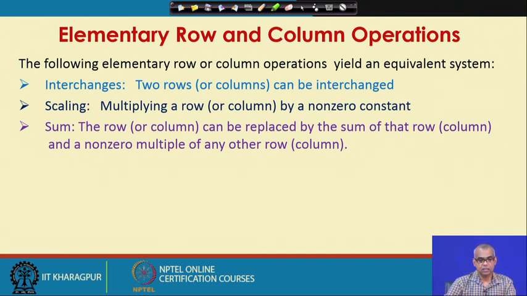They are interchanges, scaling and sum. First, 2 rows can be interchanged, 2 columns can also be interchanged. So, if 2 rows or 2 columns are interchanged, you get an equivalent matrix, nothing changes.